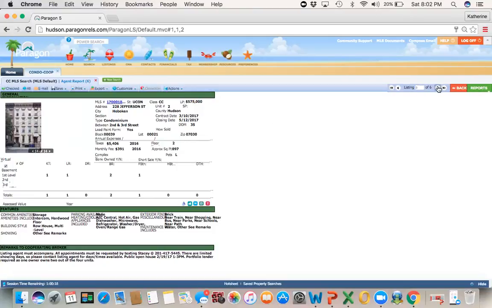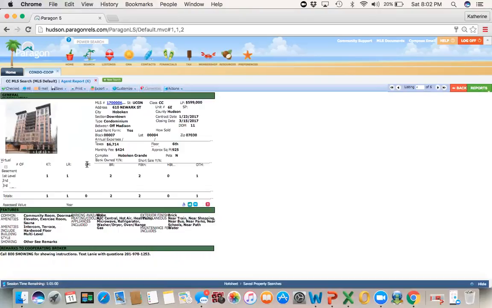All right, 610 Newark, that's not a comp. It's under contract, $599,000, 925 square feet. We do like that, but this is a full service building. It has a gym, it has parking. So we don't count that one.